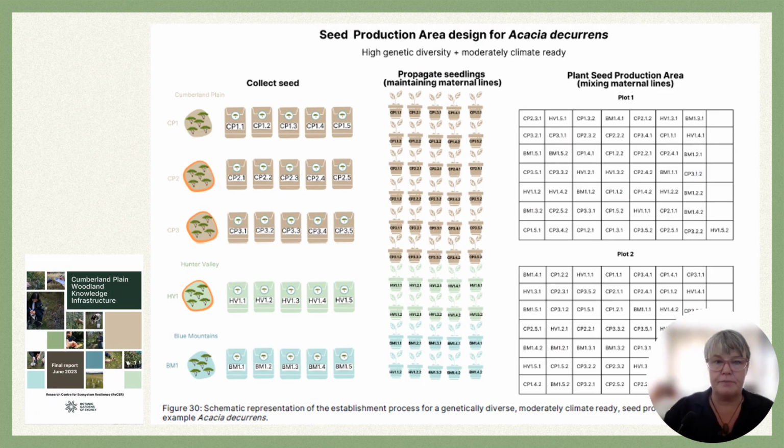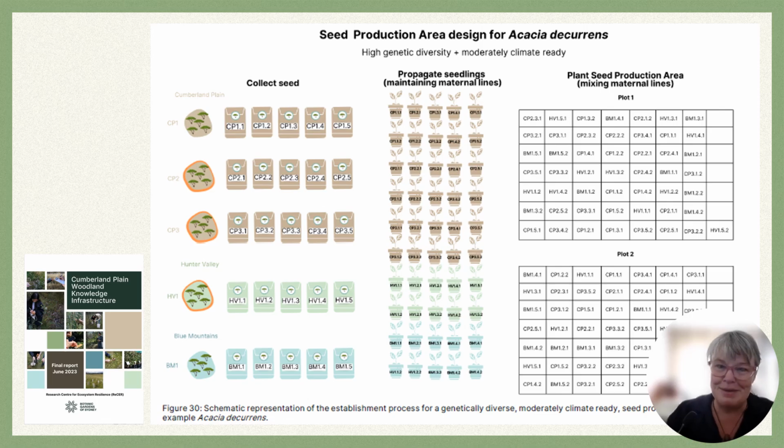Now, this is a more complicated example of doing that, maintaining maternal lines. This is from a study on the Cumberland Plain, Western Sydney. This is a design for a seed production area for Acacia decurrens, designed to maximise outcrossing in the seed production area. It could equally be a very well-designed restoration site.